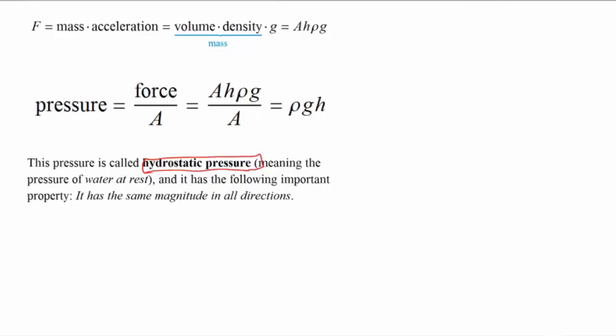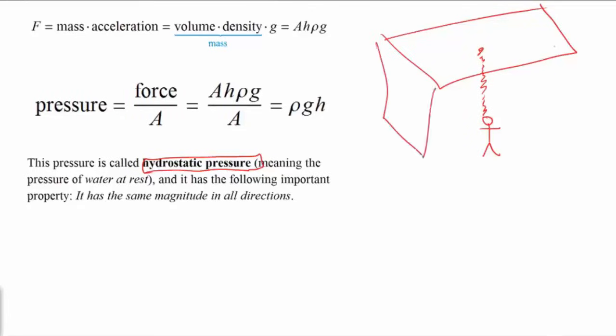The book explains, it says if you're in a pool and you're standing on the bottom and you can feel the pressure of all that water right above your head, that's hydrostatic pressure. If you're in the wall here, the wall also feels that pressure. And if you can imagine, the pressure is heavier down here than it is up here. So if you're building a pool, you better make sure it's very strong down there at the bottom.